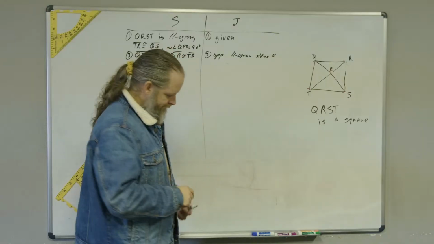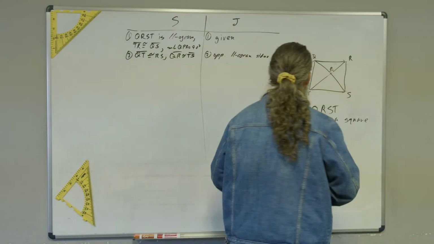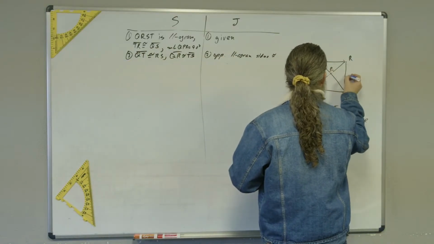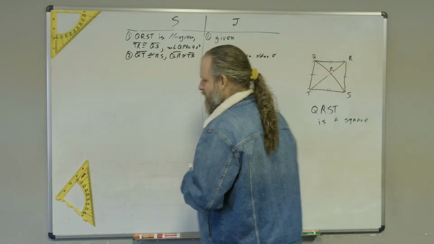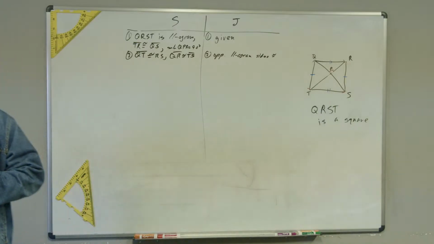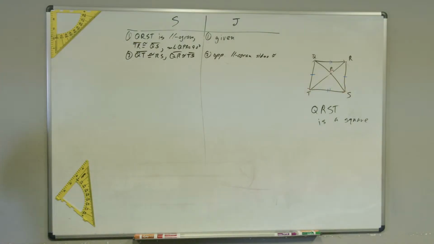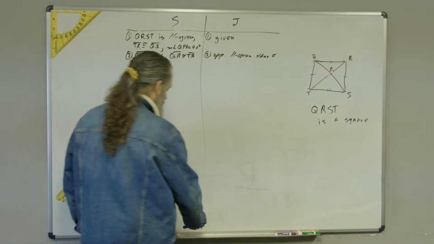True enough. So this is congruent to this, and this is congruent to that. We don't know they're all congruent yet. They are. We know they are because we can see into the future. We're proving it's a square, right? But we don't know that yet. Okay, so that was helpful.